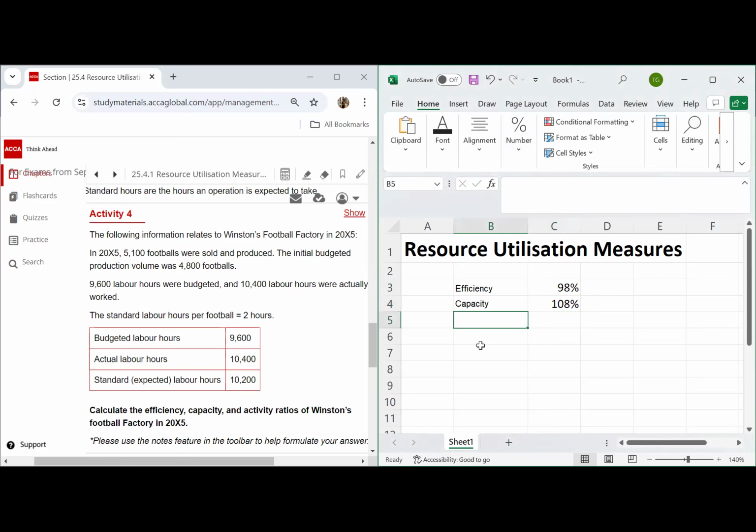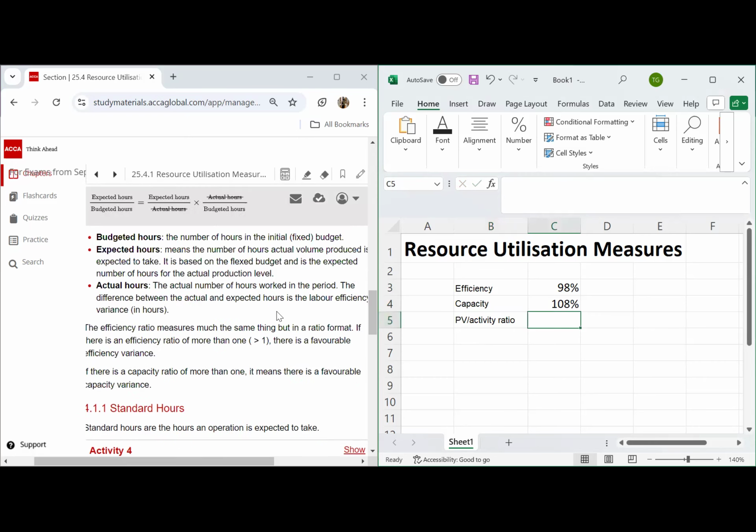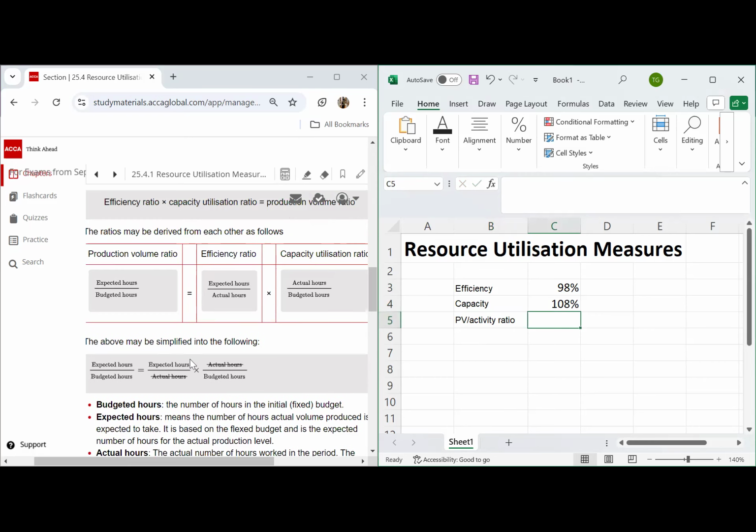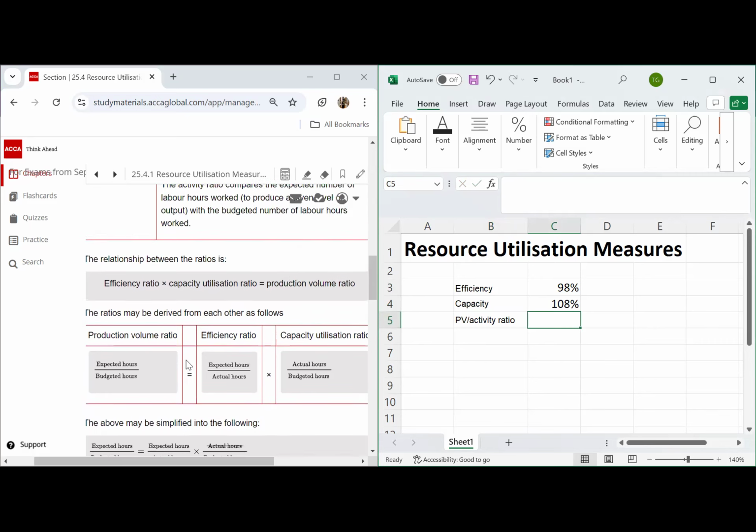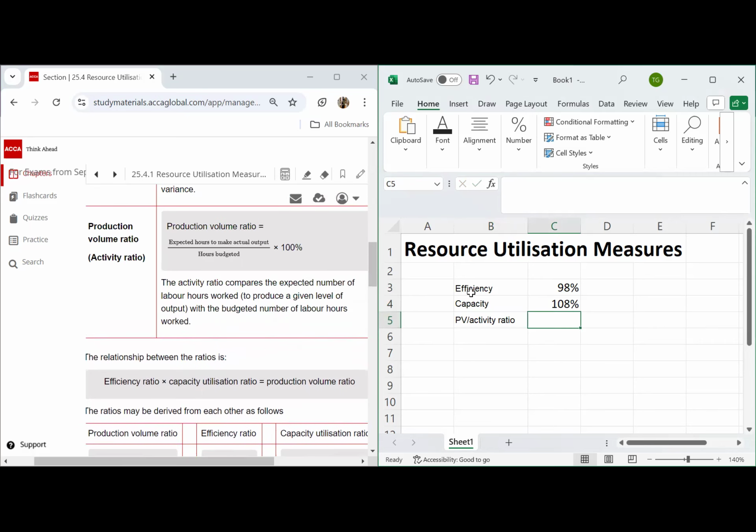Now let's talk about the activity ratio. Activity ratio is nothing but your PV ratio. PV ratio is also known as your activity ratio. So how do we work this out? The formula that we have learned right above is that expected hours needs to be divided by your budgeted hours.